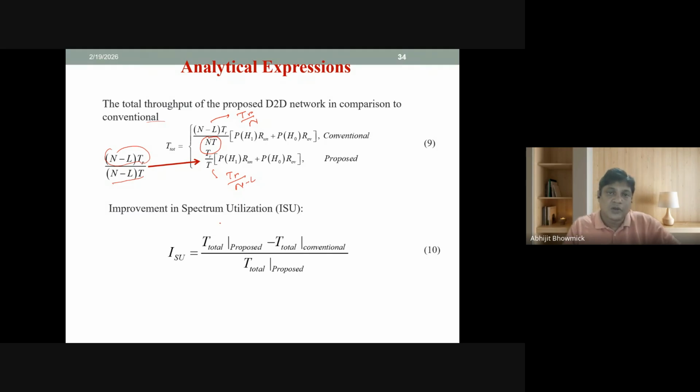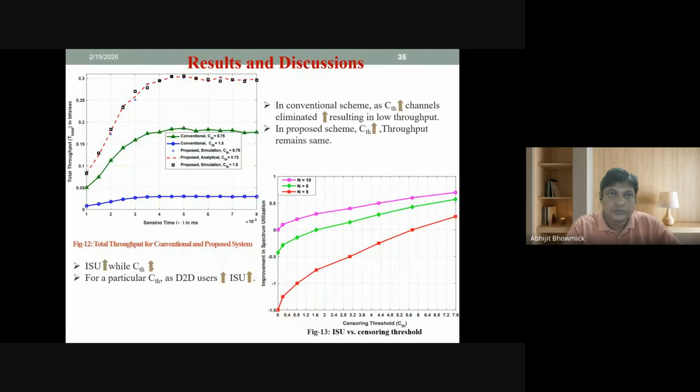So that's what we found: not only does throughput increase, spectrum utilization is also improved. So this is the throughput. You can see, interesting: as sensing time increases, the throughput of the system increases, reaches the maxima, then again starts degrading.